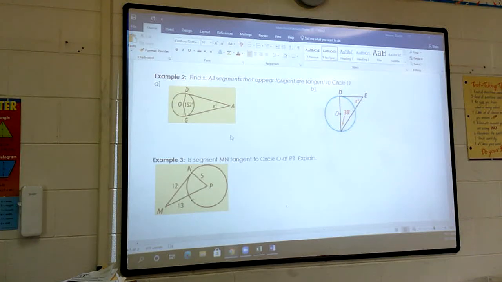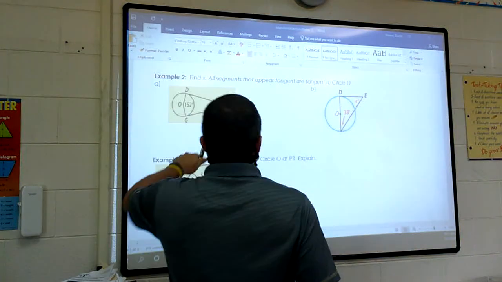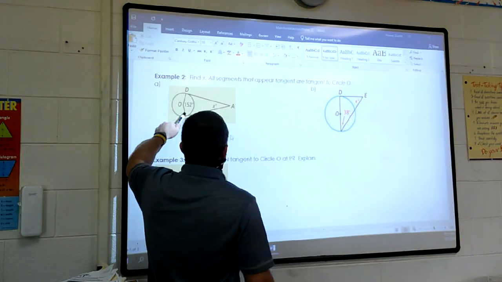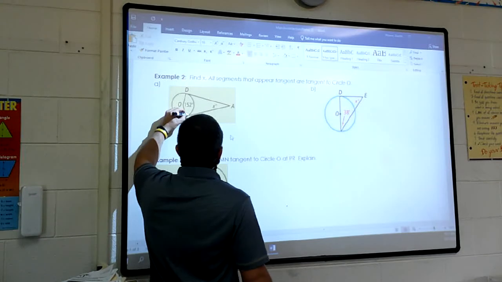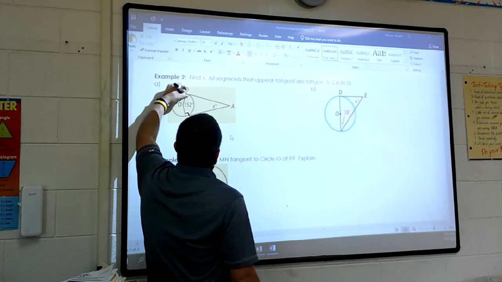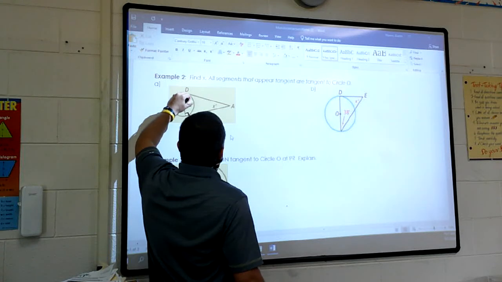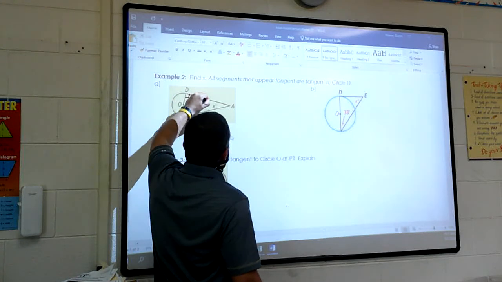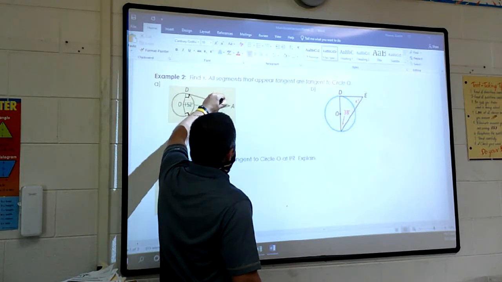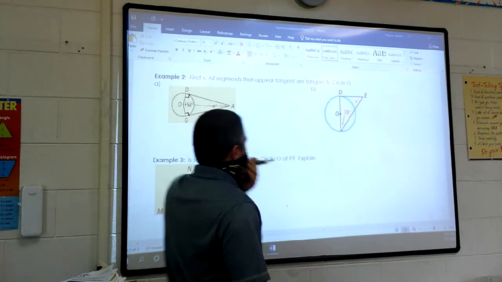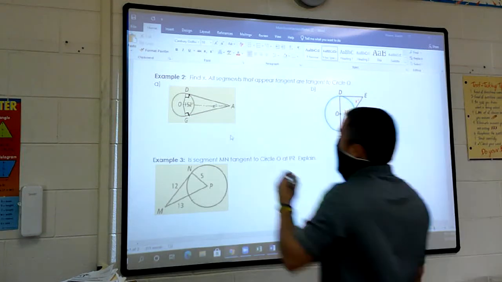All right, both of these are tangent to a radius. So these are right angles, 90-degree angles. If we go like this, we can actually make that into 2 triangles, okay?